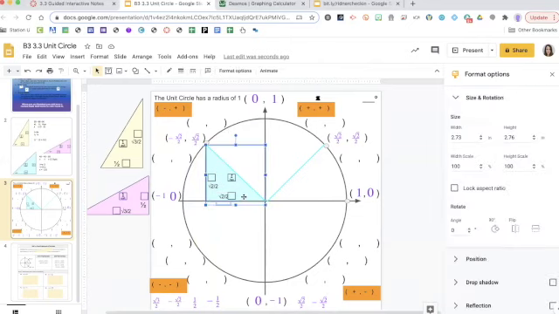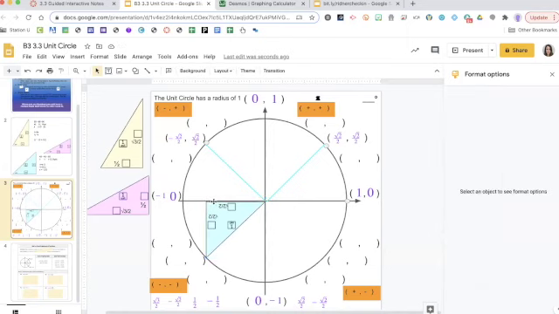I'm going to flip again, except this time I'm going to flip vertically. Notice that the width or the flat side always stays connected to the x-axis. So every time I move this, that same leg is never leaving the x-axis.